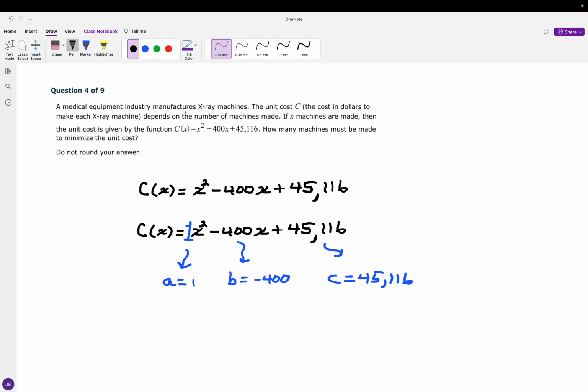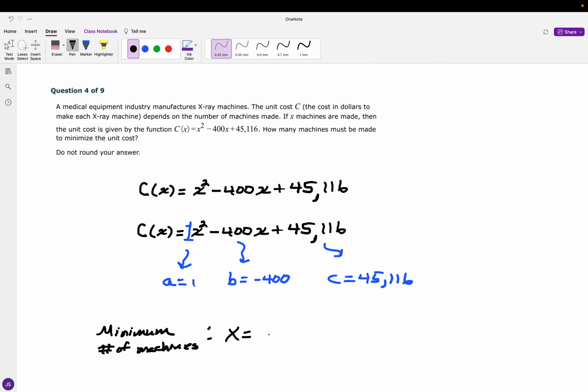So for the minimum number of machines, now we use the coefficients at hand. So we're looking at x is equal to the ratio. Instead of h, like in the vertex form, we're going to go with negative b over 2a.